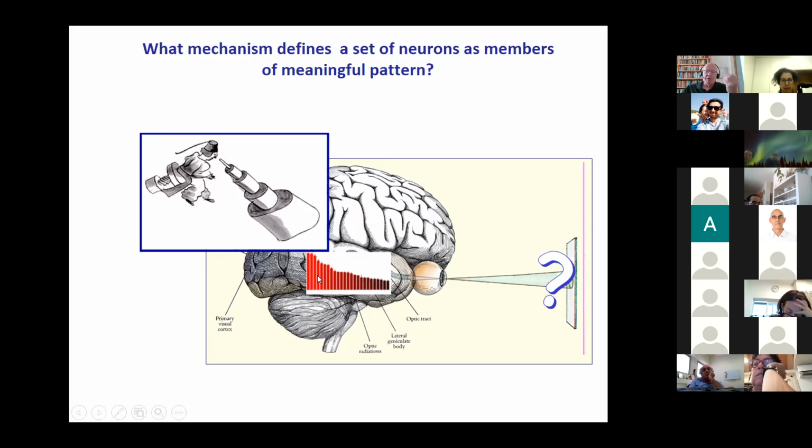So the deep question here is what, from the point of view of the neurons in the brain itself, defines a bunch of neurons that are firing collectively as a meaningful pattern or assembly of activation.